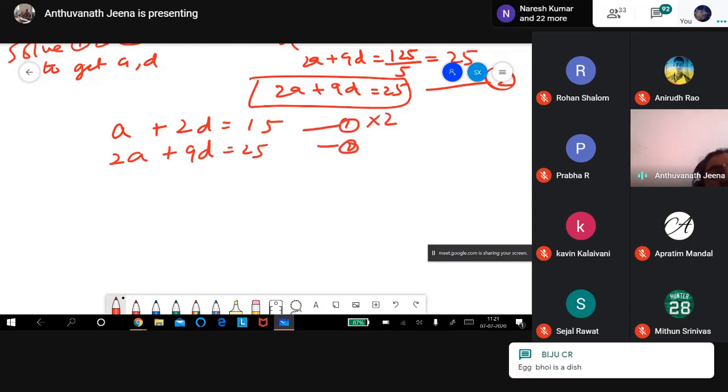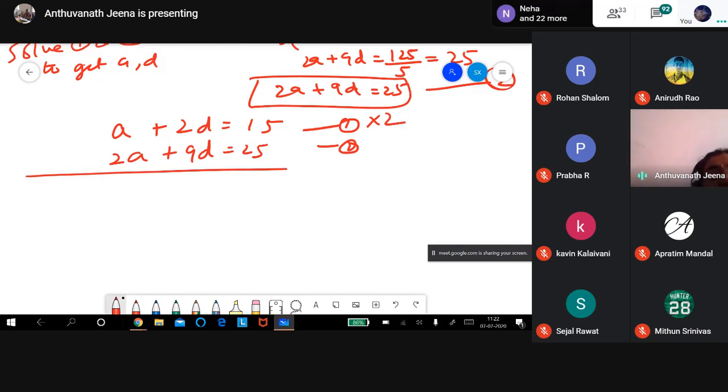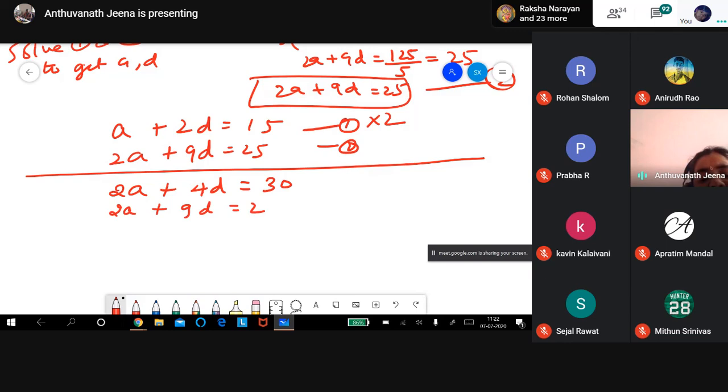To get that, multiply the first equation by 2, which you studied in 9th standard. The first equation will become 2a plus 4d equals 30. The 2 must be multiplied to every term, don't multiply only the right side. Multiply the full equation, then put the second equation as it is. Don't change the second equation.